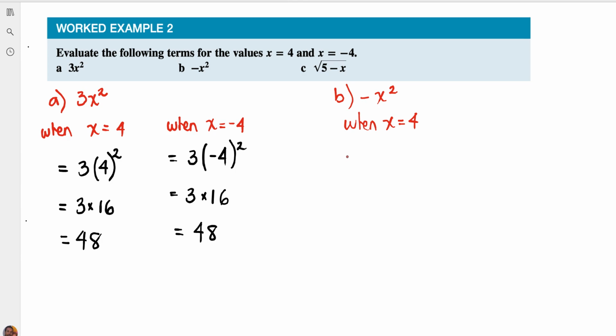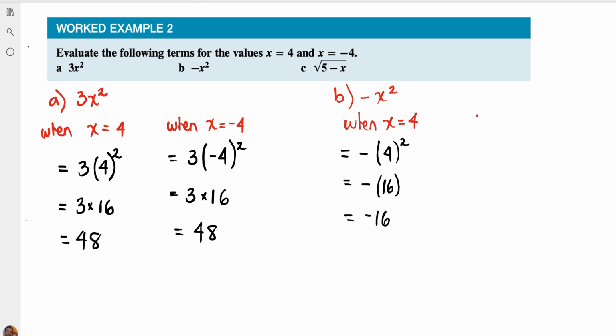So when I'm substituting, look what I'm going to do. I'm going to say this is equal to negative, and I open brackets, and I say 4 to the power of 2. And that's equal to negative, 4 to the power of 2 is going to be 16. And negative 1 times 16 is equal to negative 16.